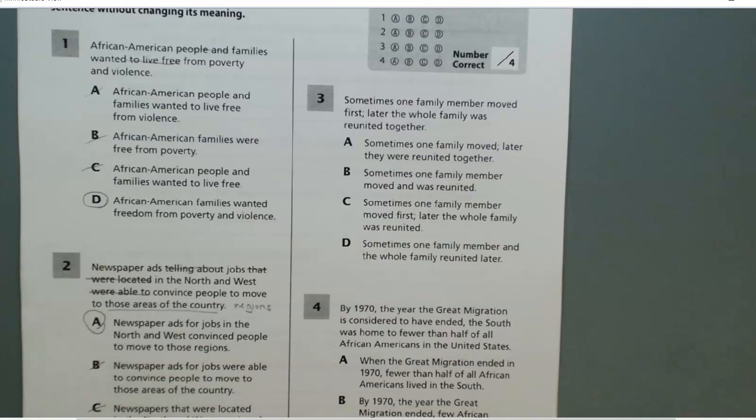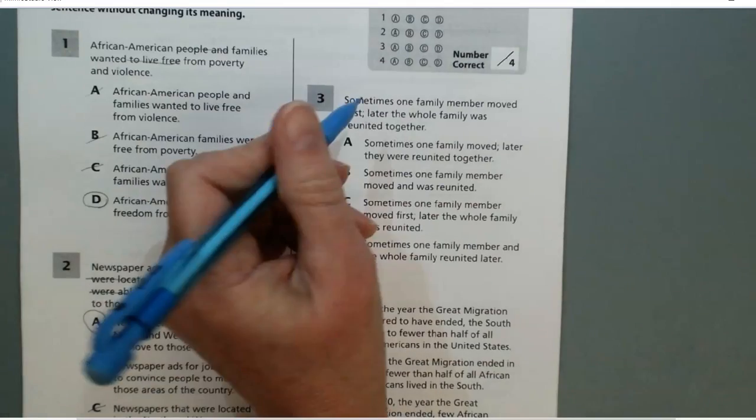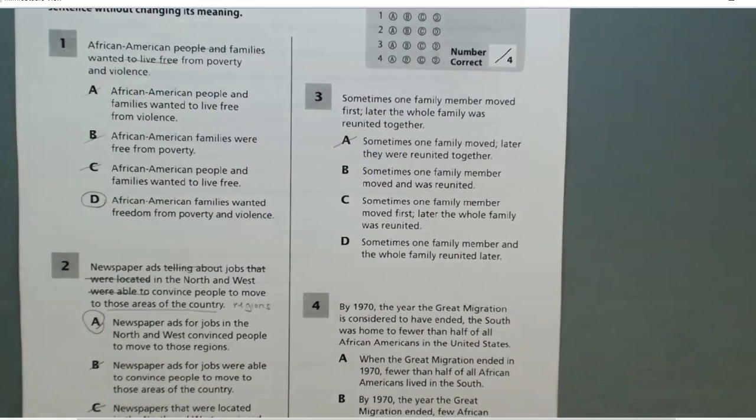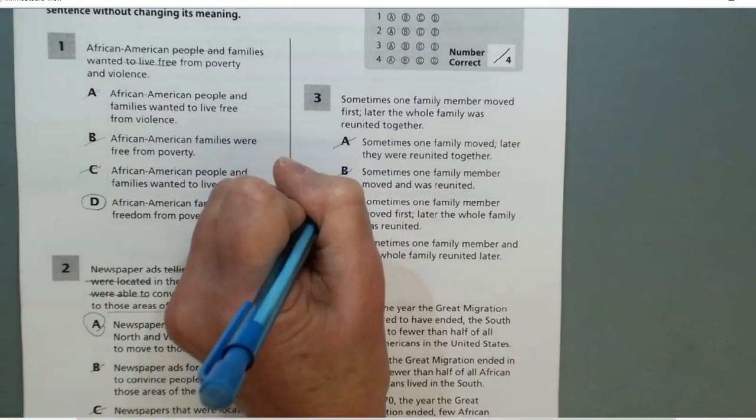A says, sometimes one family moved, later they were reunited together. That changes the meaning of the sentence, does it not? So not an option. B, sometimes one family member moved and was reunited. Completely weird, right? With who?